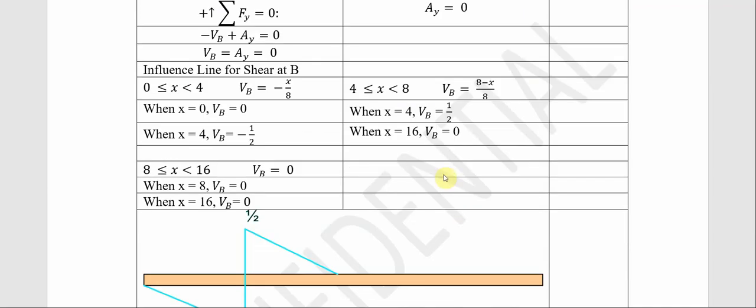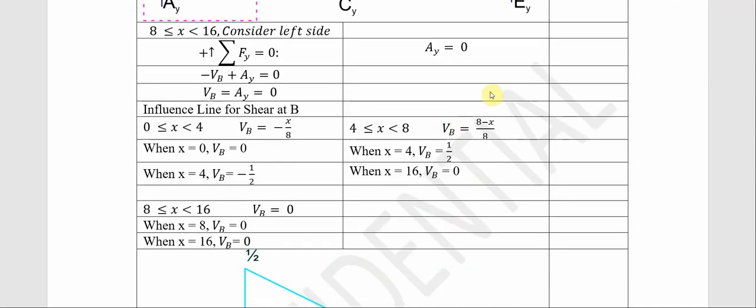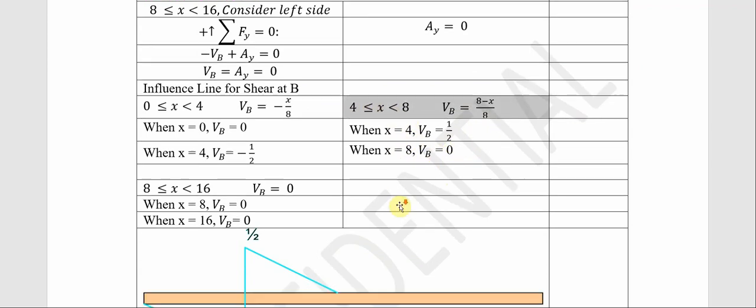Let me check what is happening at this particular point. Oh, sorry, I'm considering 4 to 8, not 16. So if I put 8 minus 8, that should be 0 over 8. That's my bad. This is the range I'm considering, not the other one.